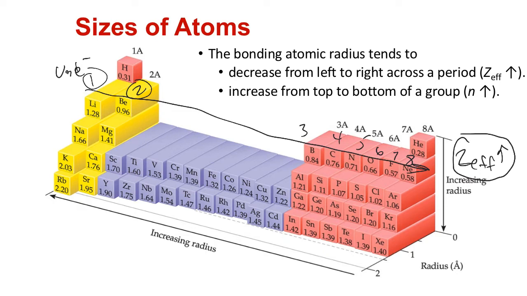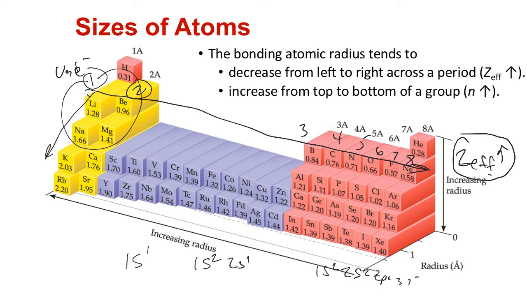So they see a bigger positive charge that's going to take lithium 1s from being a big atom to fluorine 2p5 being a relatively smaller atom, because again, higher charge pulls those electrons in more tightly. And then we see an increase in size as you go from top to bottom. That's probably not too surprising, that if you go from, say, 1s1 to 1s2, 2s1 to 1s2, 2s2, 2p6, 3s1, each time you add a new successive layer, you're increasing in size.